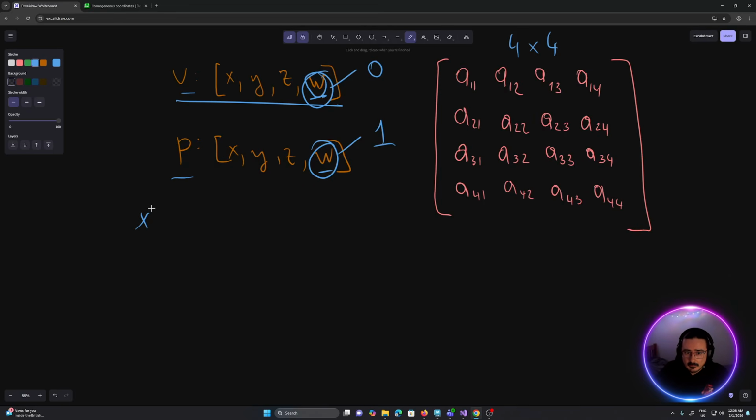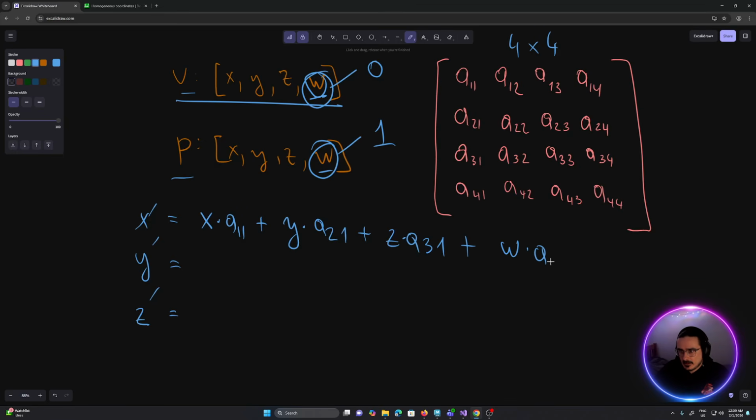So basically, for the vector, we would have x prime, y prime, and z prime. And for x prime, that would be x times a11 plus y times a21 plus z times a31 plus w times a41, and because w is 0, we would have a big fat 0 over here.